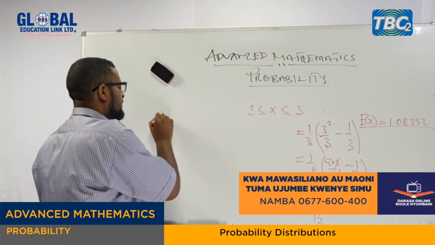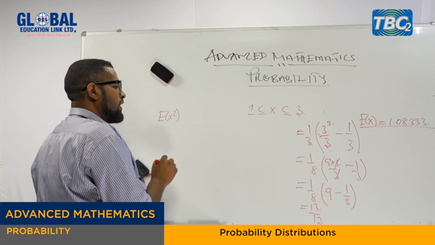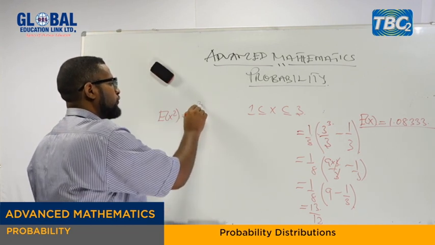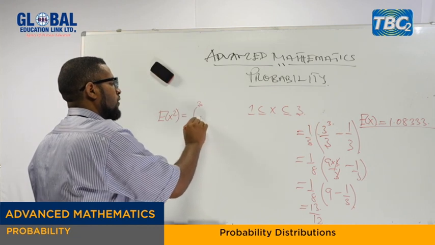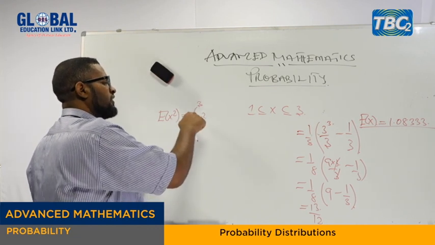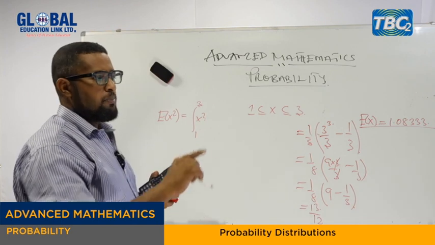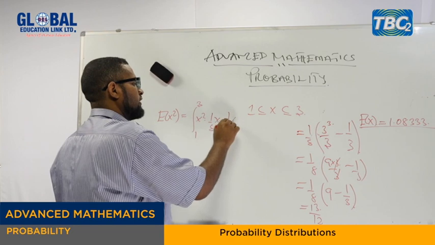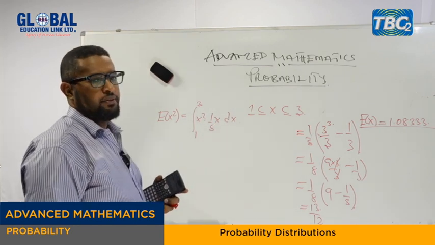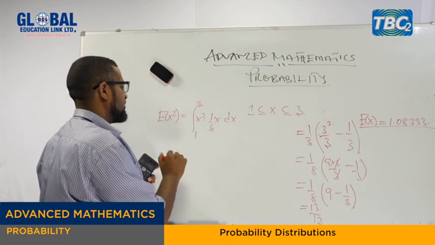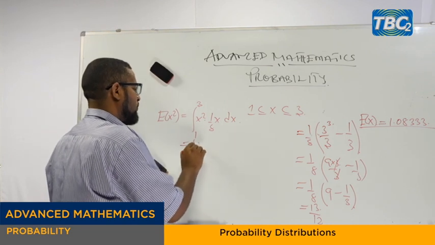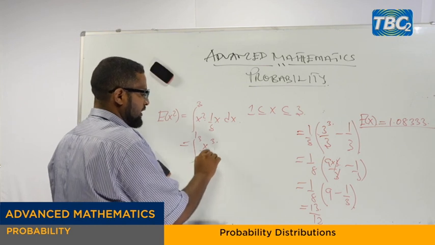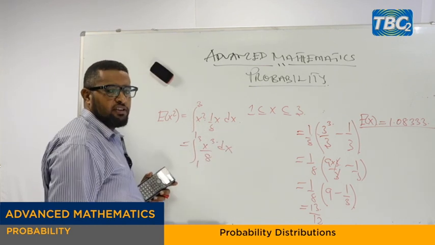So the expectation of the variable when it is squared will be the integral from 1 to 3 of x squared, this is from the formula, times our function 1 over 8x, dx.